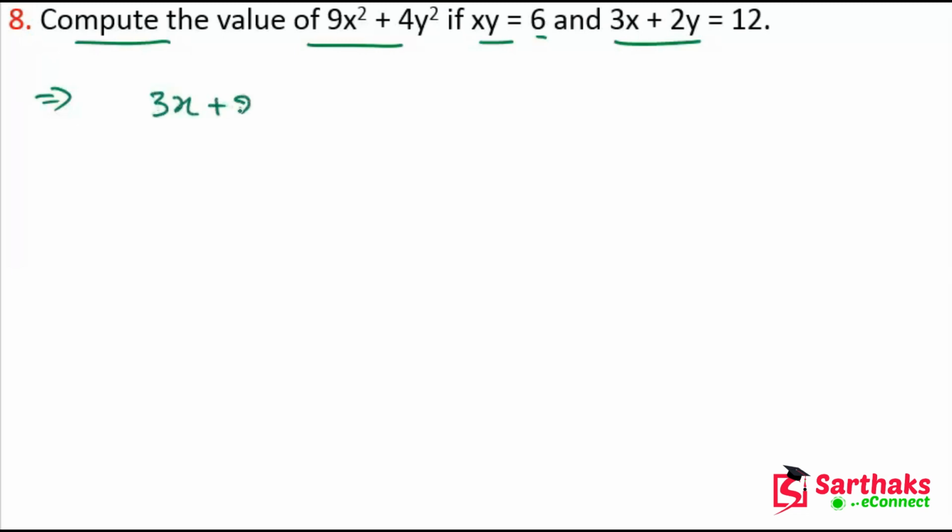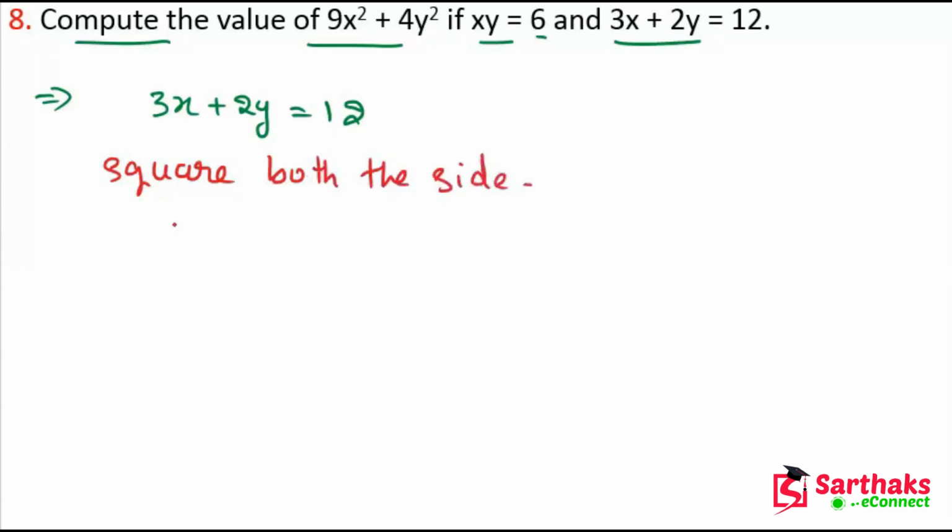First of all, my dear friends, we have 3x plus 2y is equal to 12. Now square both the sides.